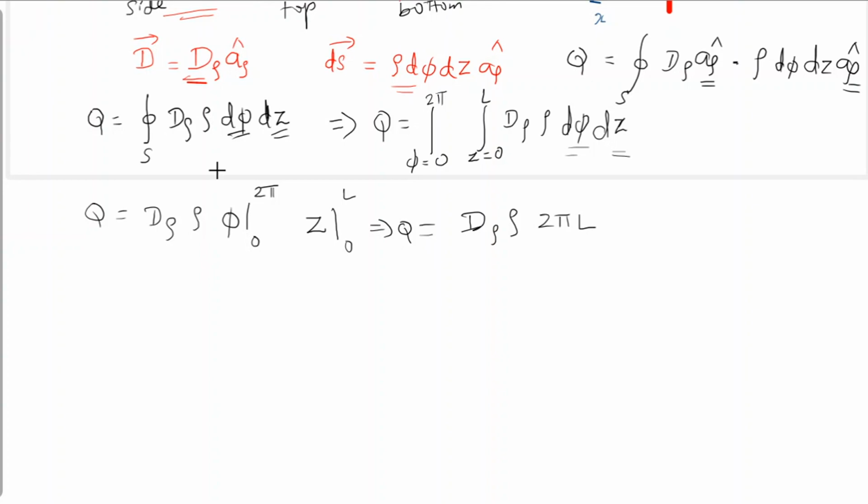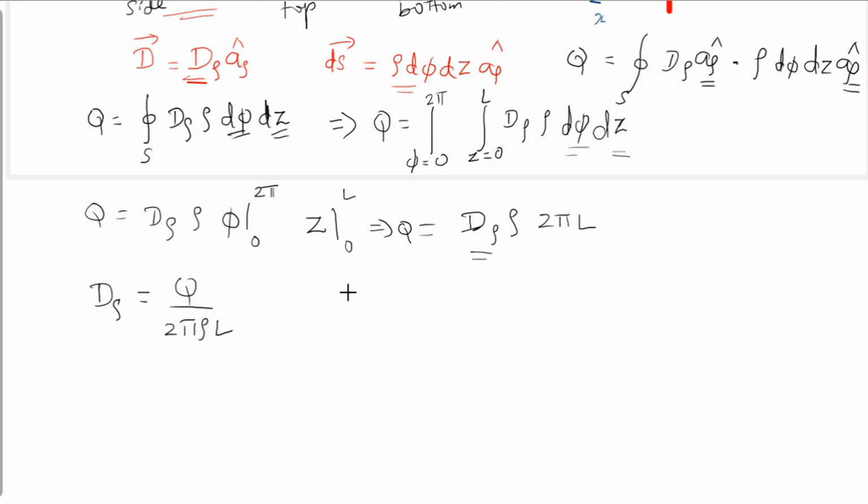Now how to find the E vector? Using the relation between D and E, I can easily find the E vector. So first I should find what D is. From this equation, I'll write for d rho. So d rho becomes Q divided by 2 pi rho L, if I'm not wrong. Correct?